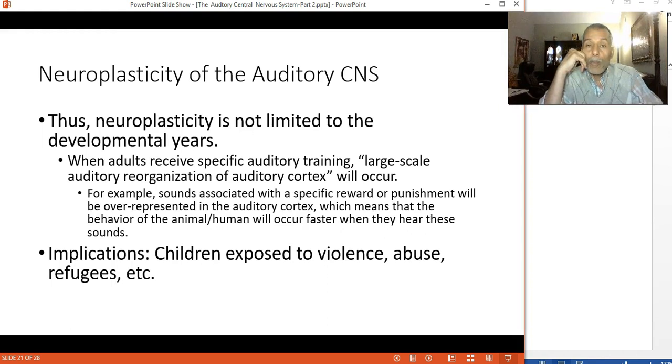So the bottom line is there was a lot of skepticism about auditory processing programs, auditory training programs. But the skepticism was caused by the fact that many of these companies that developed these products did their own research initially. And of course, people become suspicious and they see bias.